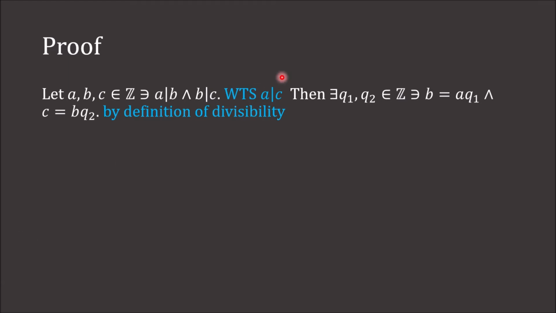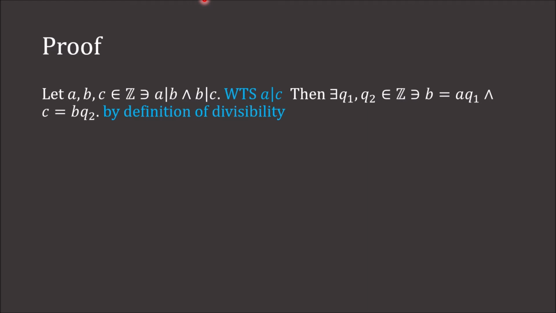We want to show that a divides c. So by definition, there must exist two integers, q1 and q2, such that b is equal to a times q1. That's because a divides b. And c must equal b times q2. That is because b divides c.